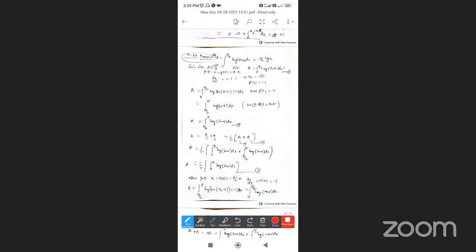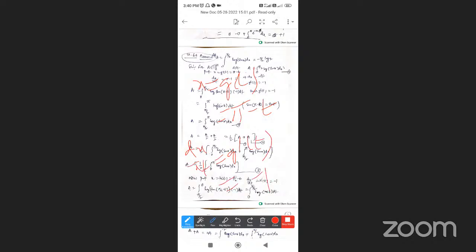So let A be equal to the improper integral from 0 to pi by 2 of log of sin x into dx. This is equation 1. Already it is clear in my notes. So we take x is equal to g of t, where g of t is pi minus t, that is 180 minus theta. So dx by dt is equal to g dash of t, which is equal to minus 1.